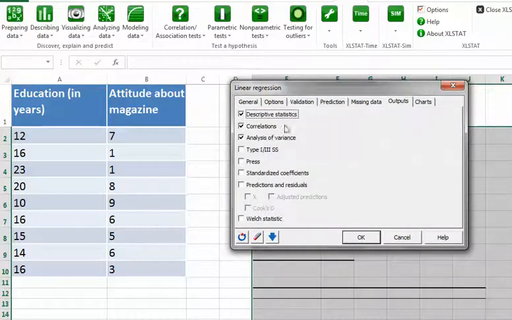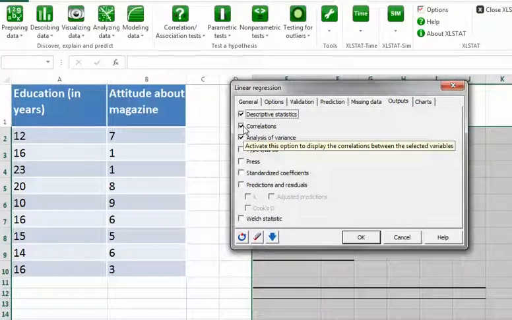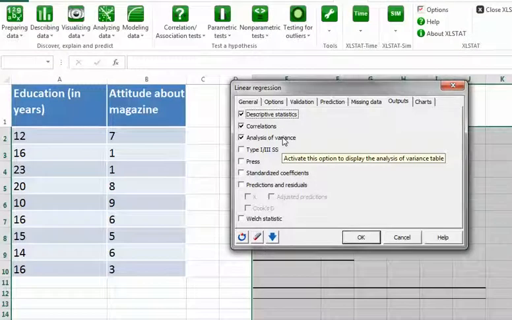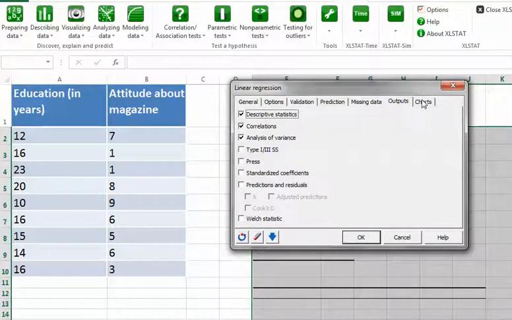And in terms of outputs, we want descriptive statistics, the correlation, and this is going to help us show why using a regression is better and more powerful than a correlation, and an analysis of variance. This analysis of variance is going to help show us if our model is better than what you would expect due to chance.